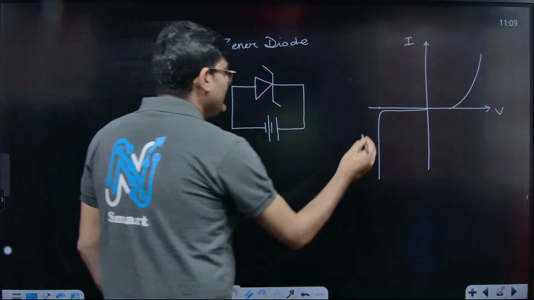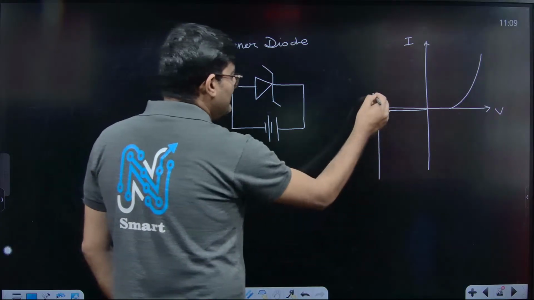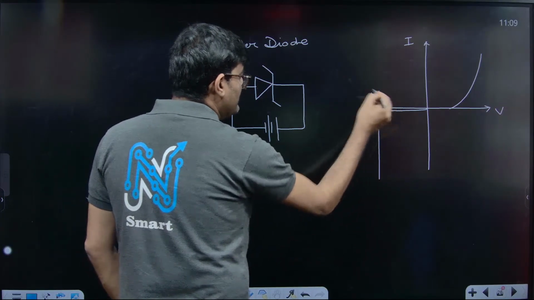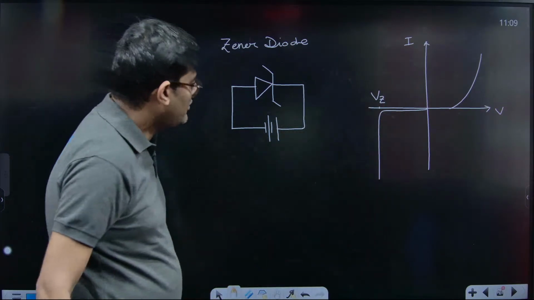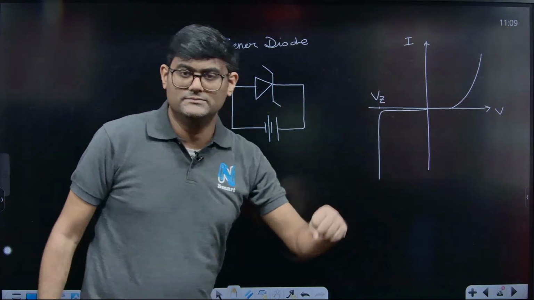So here you can see that at this voltage, suppose it is Vz, of course it is a reverse bias, I am only writing the magnitude of this voltage.